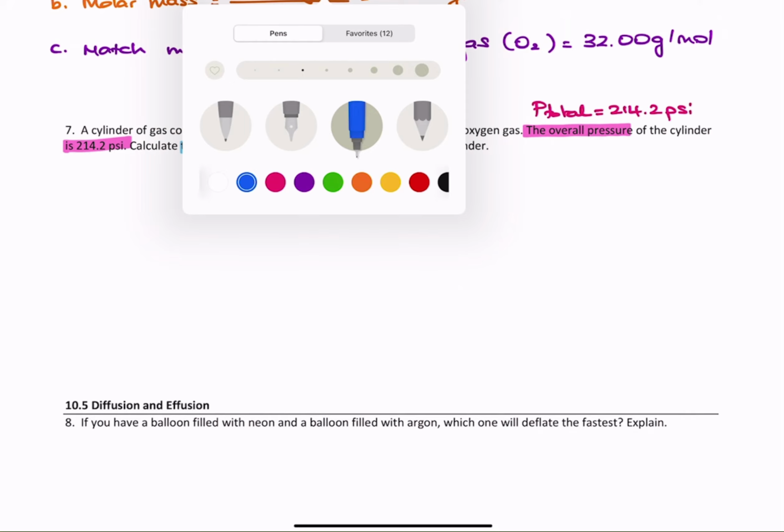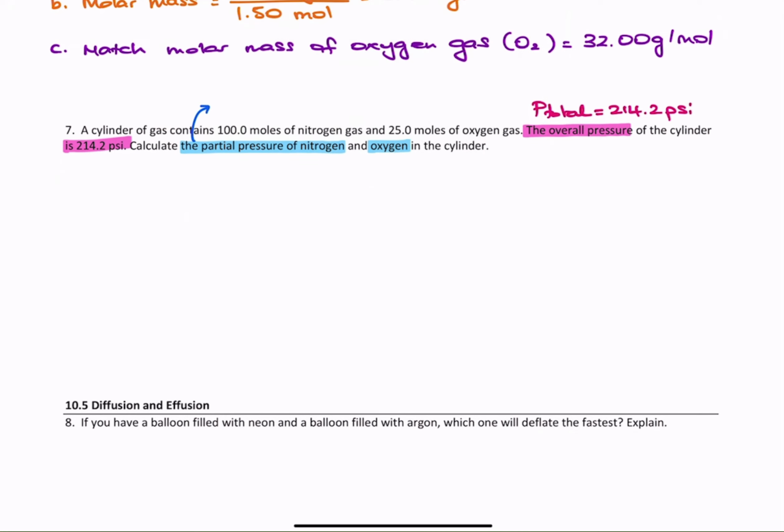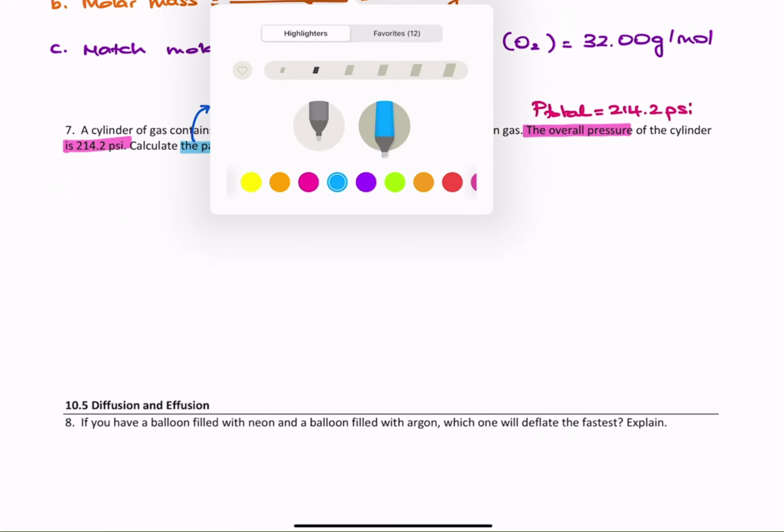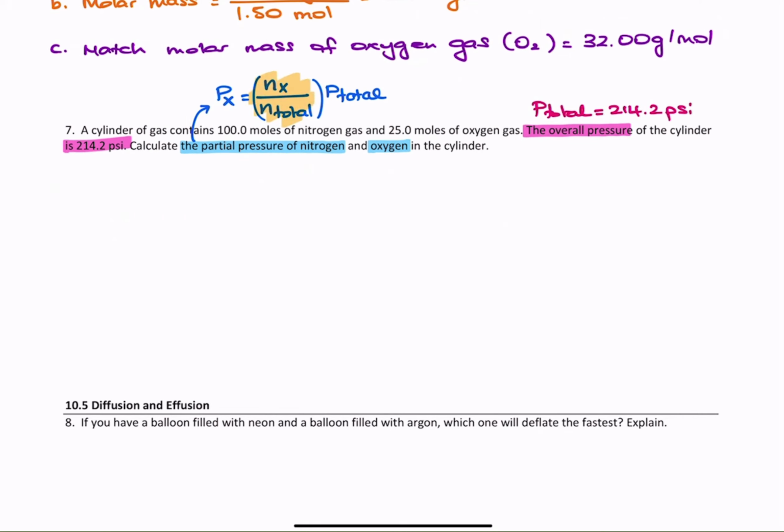So first of all, what is the partial pressure? The partial pressure of the gas X is equal to the number of mole of gas X over the total number of mole of gas times the total pressure. This that you have right there, it's actually called the mole fraction.